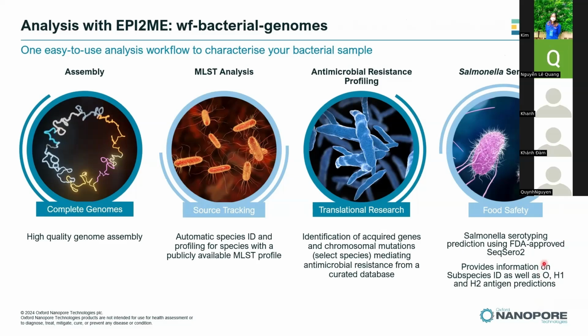It also provides the prediction for subspecies and the O, H1, and H2 antigens. And these predictions are important for identifying specific serotypes of Salmonella, which is a critical factor in tracking foodborne outbreaks and ensuring public health safety.